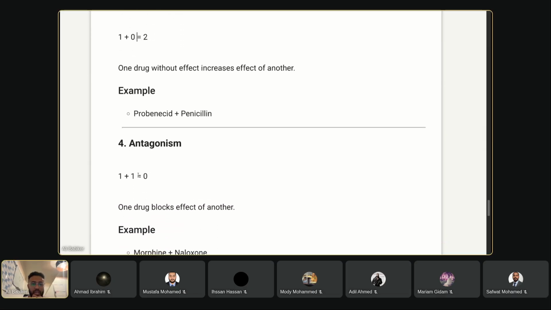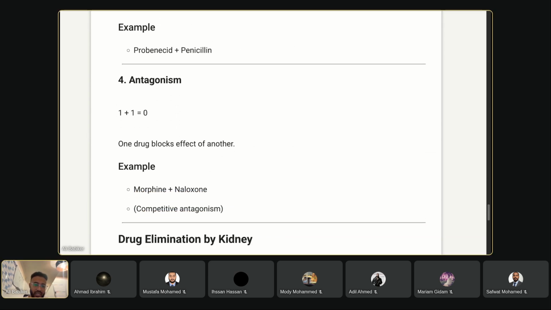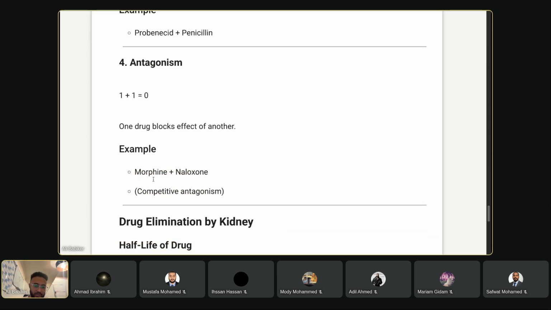Antagonism, 1 plus 1 equals 0. One drug blocks the effect of another drug. Obvious. If you have a patient with morphine toxicity and you give him naloxone, this will lead to the effect of morphine, especially the respiratory depression, to be reduced. All right.